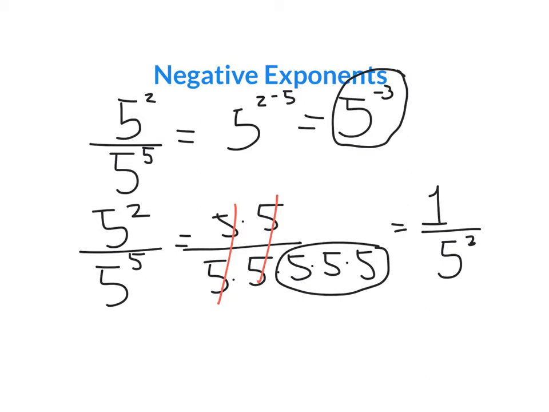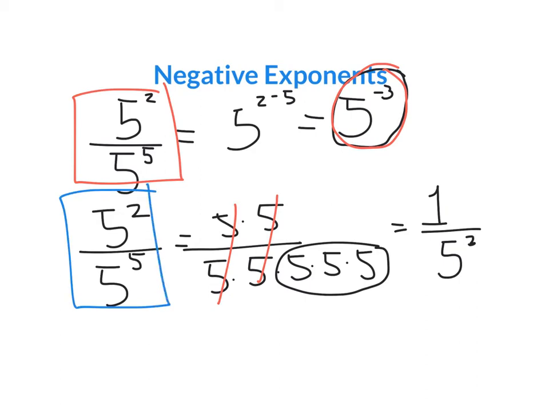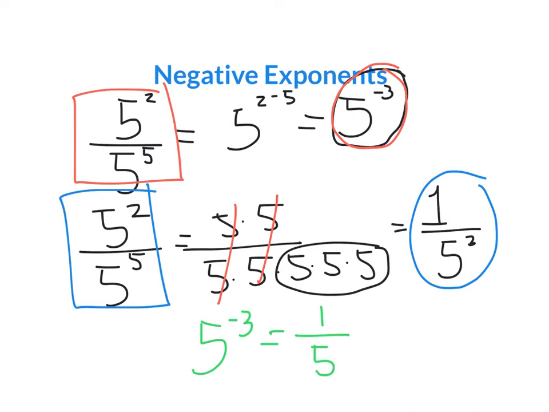So if 5 to the second divided by 5 to the fifth is the same as 5 to the negative third, and that same thing is equal to 1 over 5 to the third, then we can conclude that 5 to the negative third power is the same as 1 over 5 to the third power.